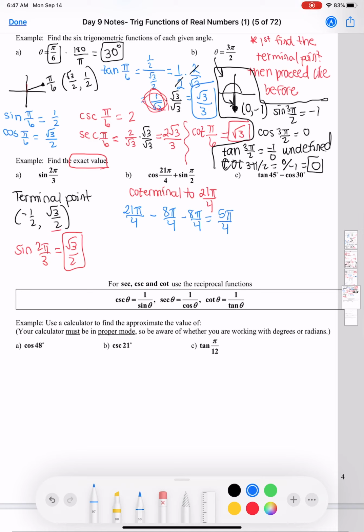Okay, and so what I'm basically now finding, instead of cosine 21π/4, I'm finding cosine 5π/4 plus sine π/2. Well, if you look on your unit circle, cosine of 5π/4 is going to be -√2/2. Sine of π/2, look at that point, and we see that the y value is 1.